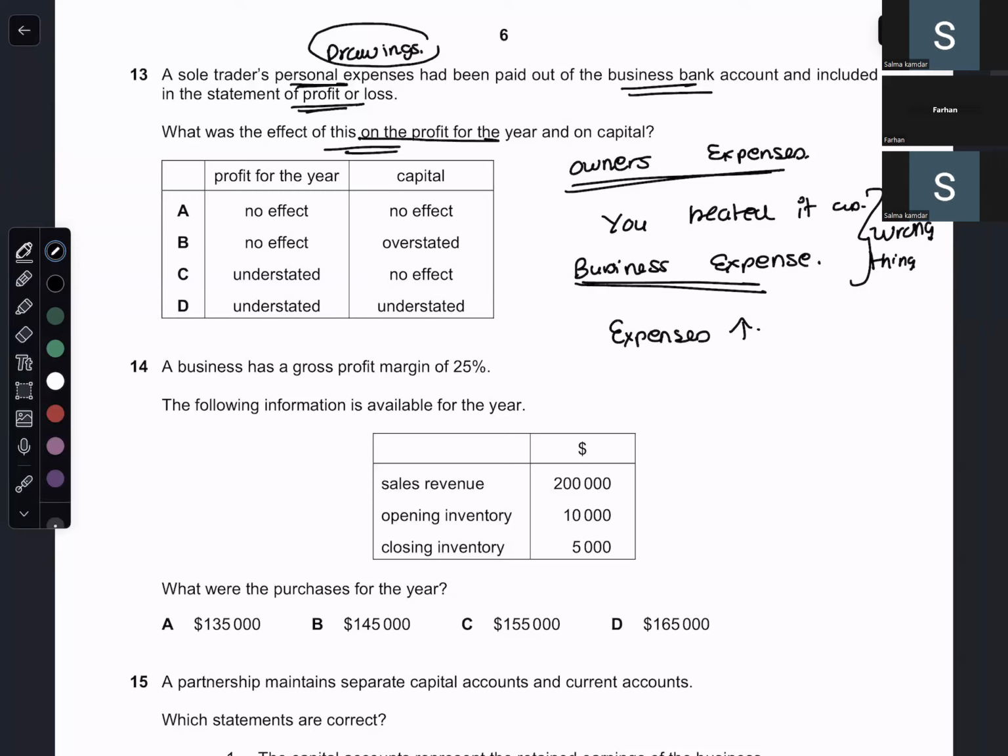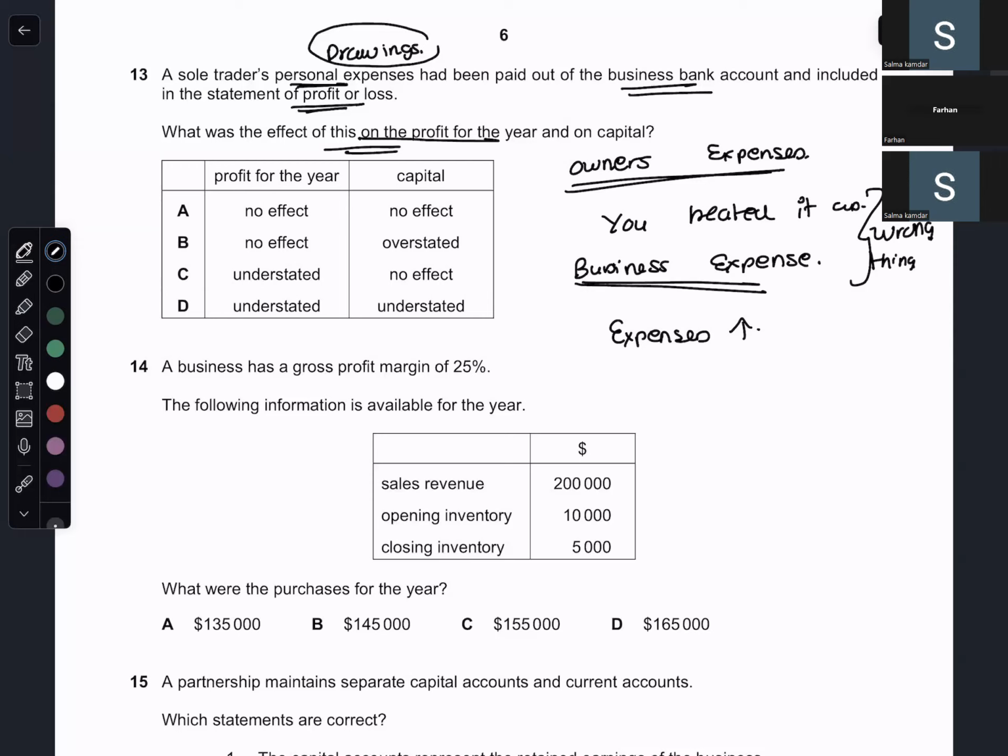If you overstate your expenses, it will affect the profit for the year.